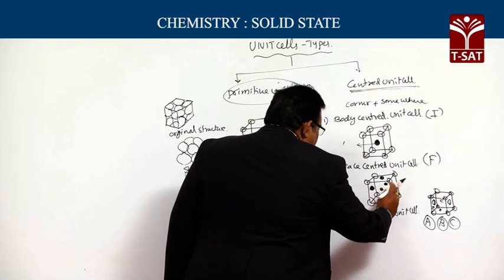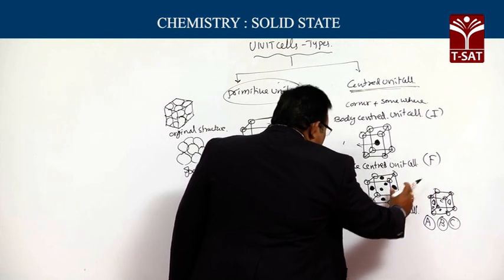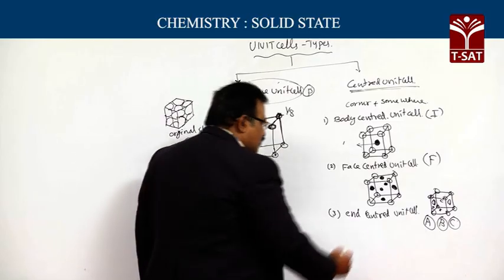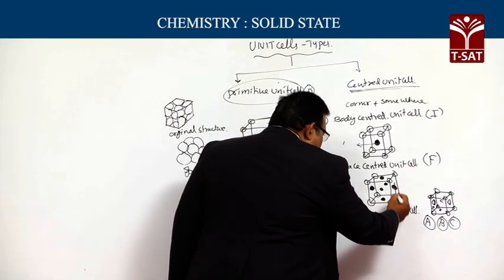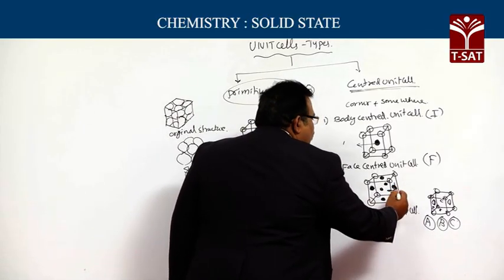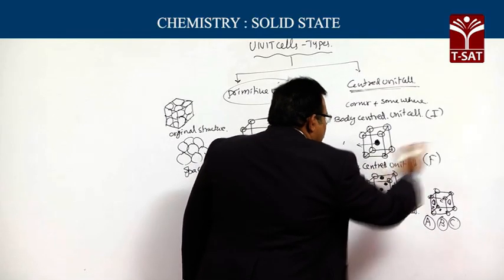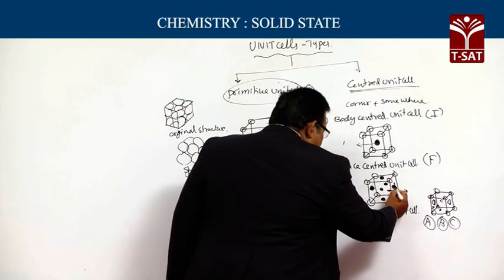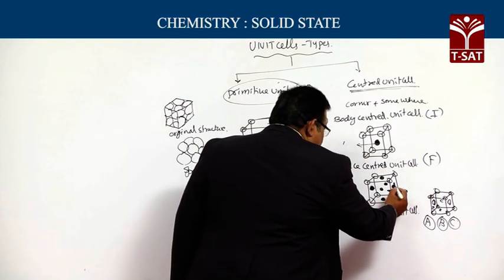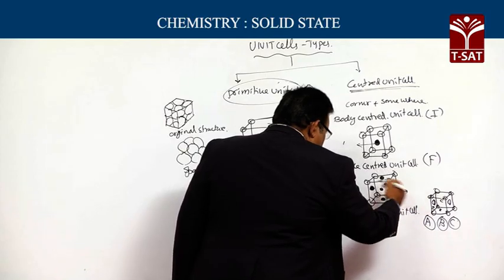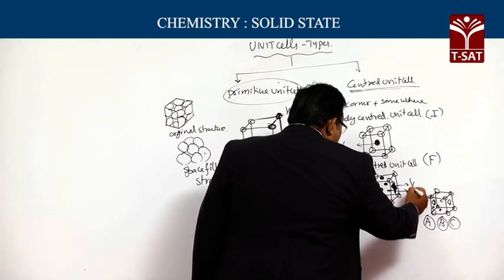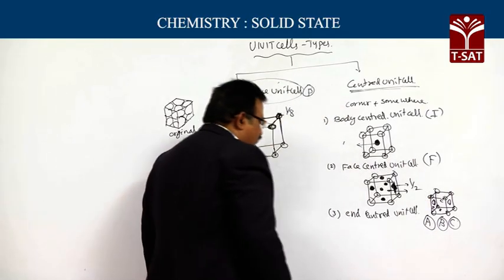At this face, there will be another unit cell sharing this atom. So, this atom half belongs to this unit cell, remaining half belongs to the next adjacent unit cell. So, sphere present at the face center is shared by 2 adjacent unit cells. So, its contribution to the unit cell is only half.